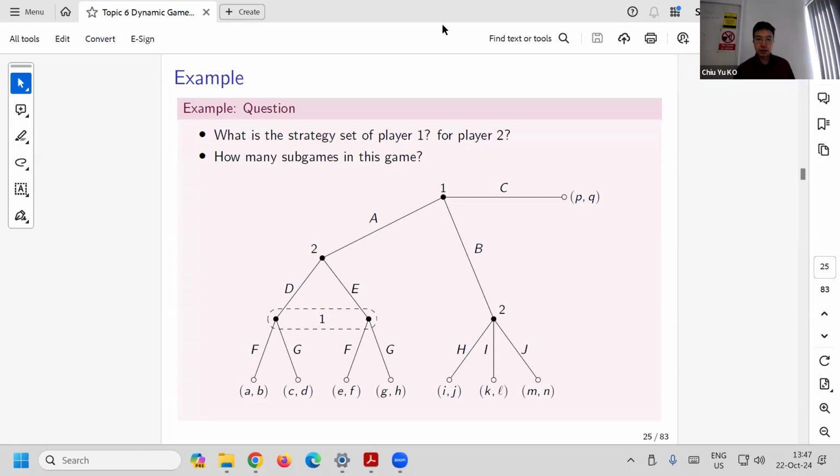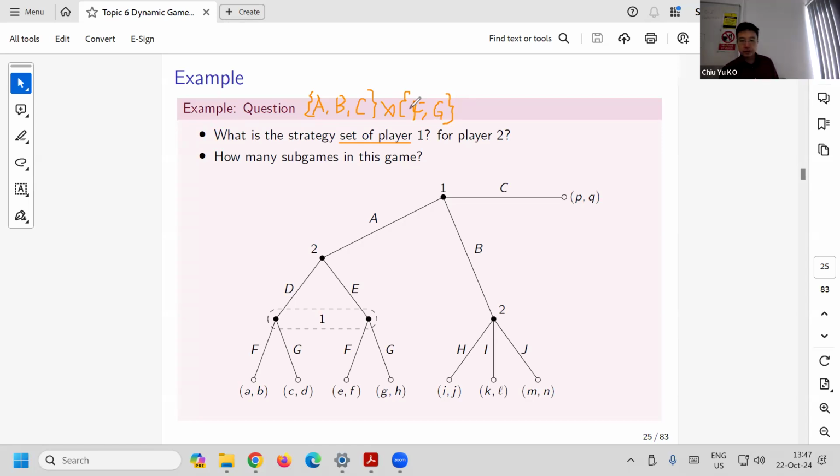So player 1 will be A, B, C, because he can choose A, B, or C, and the cross product with F and G, because player 1 doesn't know where he is. It's either F or G.